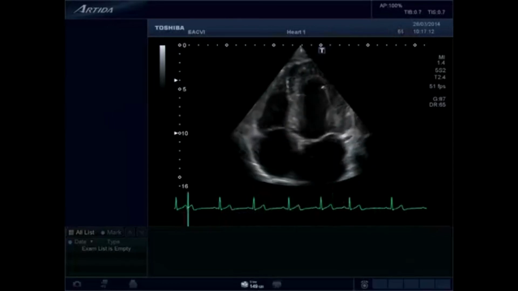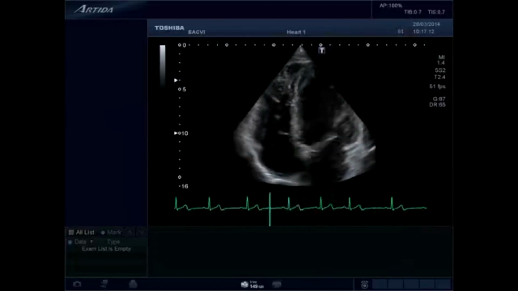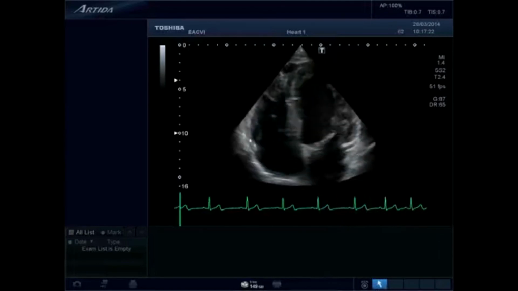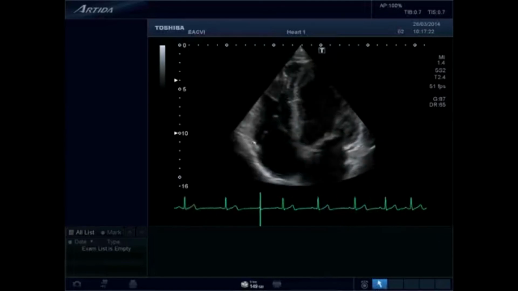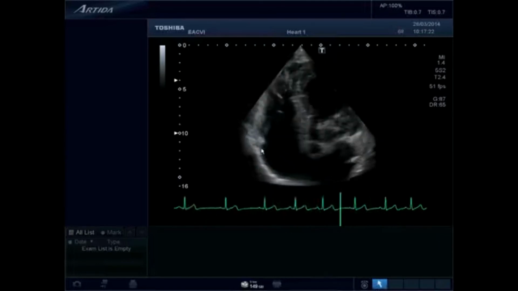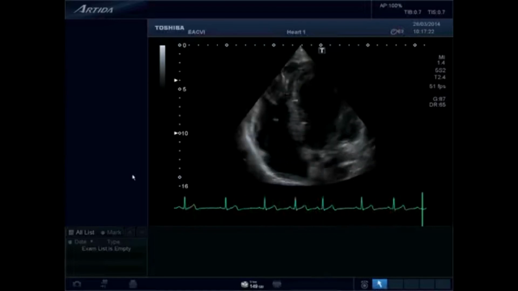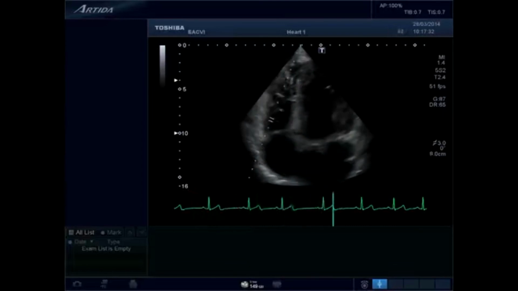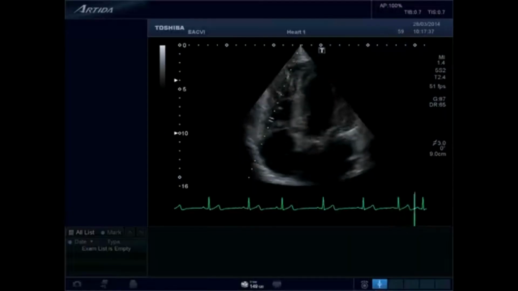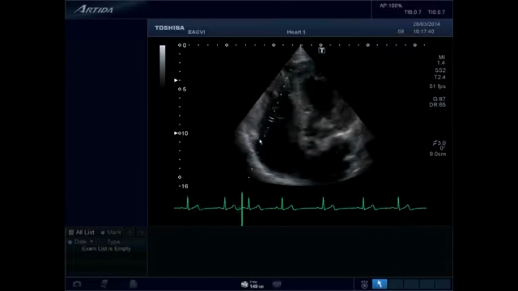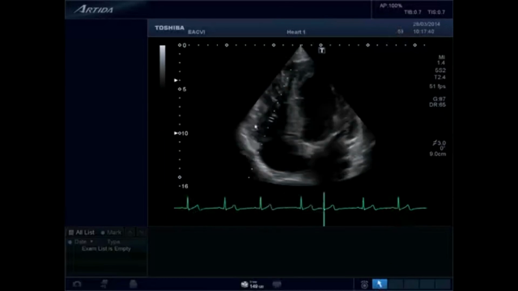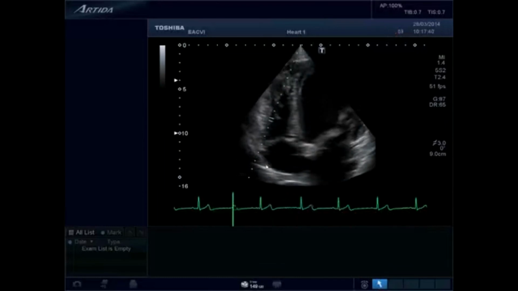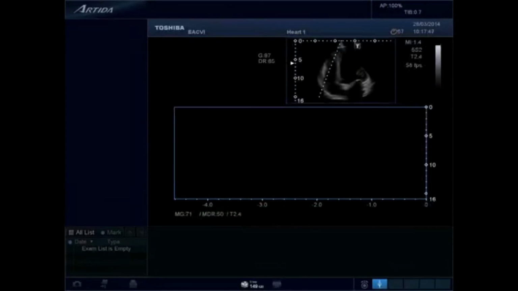So I try to obtain a 4-chamber view, but with all the right ventricle well seen, and I will put the cursor really at the junction of the lateral right ventricular wall and the right atrium, here you can see it, and I will do the acquisition like this.